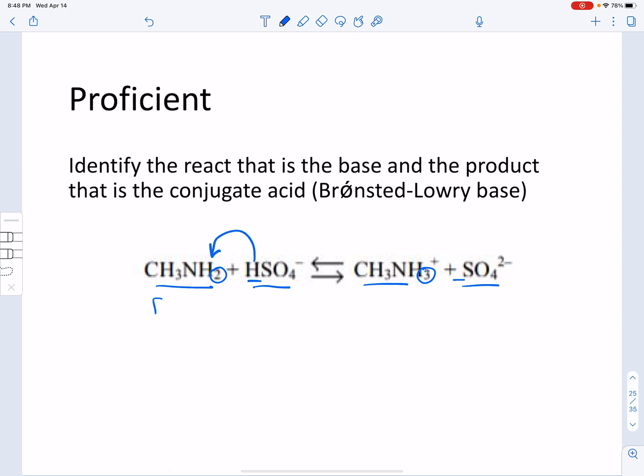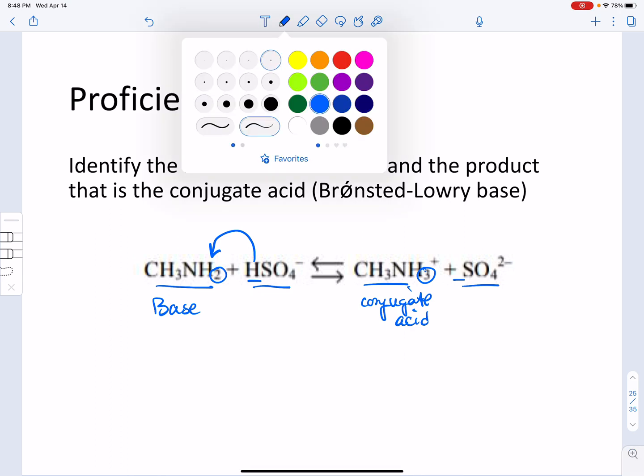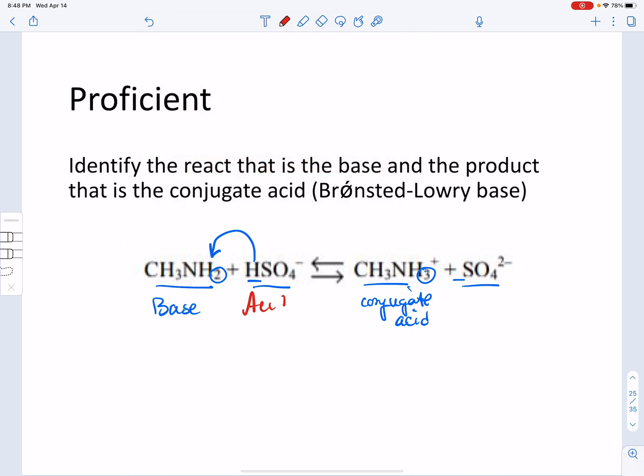That means this becomes our base because it's accepting the hydrogen. On the other side, the conjugate acid is what is produced after that base accepts a proton. We'll label the acid as this one because it's donating. I'm going to go back to red for acids. It's donating a proton, and what's left over is called the conjugate base.